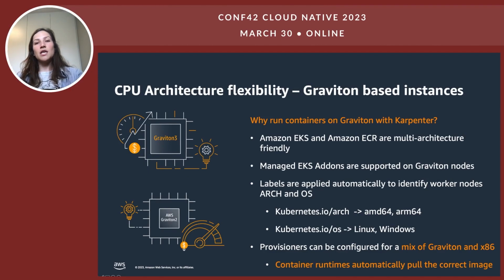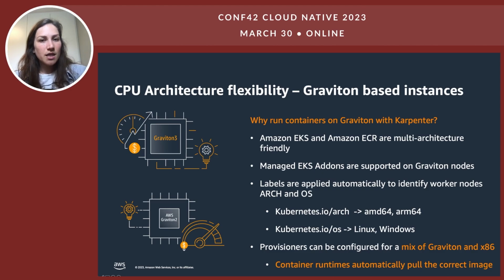The next way to save on your compute is by using the Amazon-developed chips, Graviton. I won't dive too much into Graviton, but in 2 sentences, Graviton can provide you up to 40% better price performance.